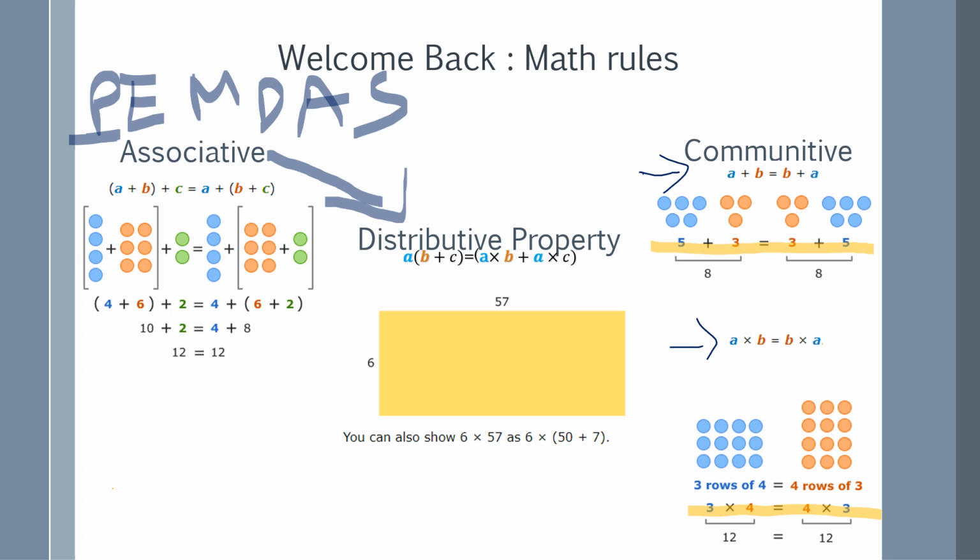And of course, if we have to be all mathematically correct, the distributive property is a bit different, because the distributive property only deals with multiplication and associative solely deals with addition. All right, so let's move on.